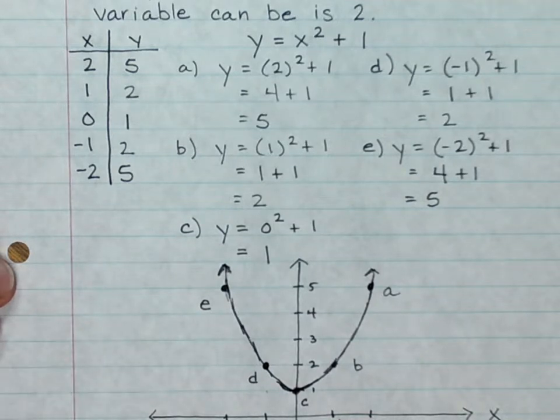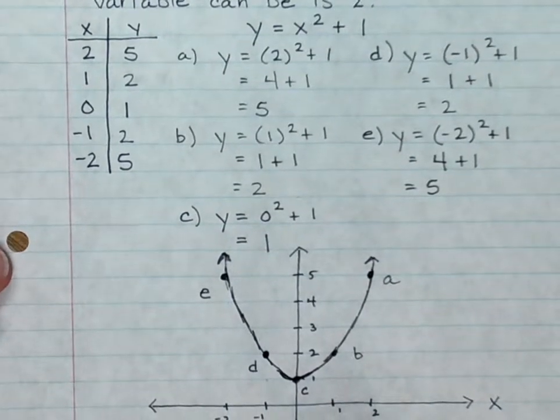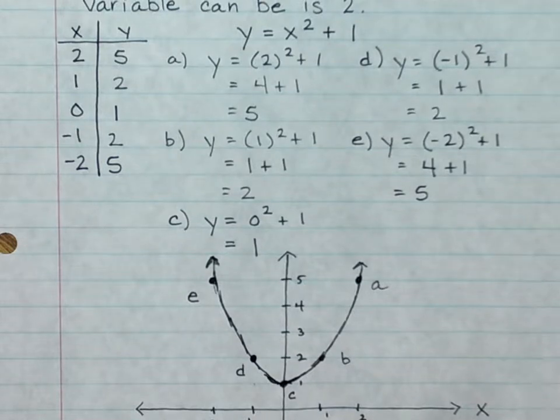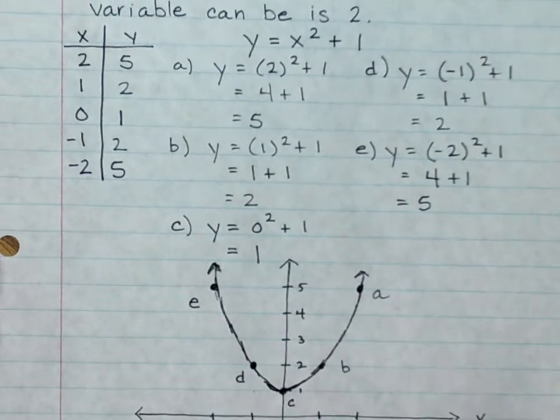Diagonal, horizontal, vertical. These are not lines. These are something else. And we've talked about what they're called. Now let's see if you can think about that one in your head. I'm going to turn my paper over, and we're going to go into the second example. This one will have a fraction.